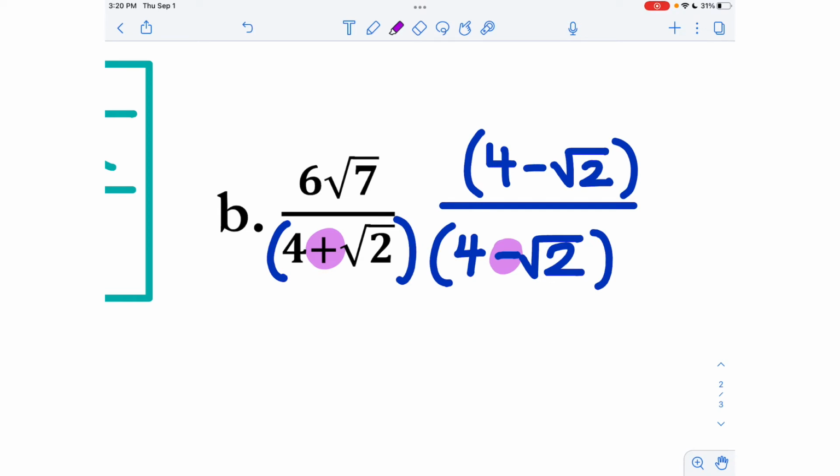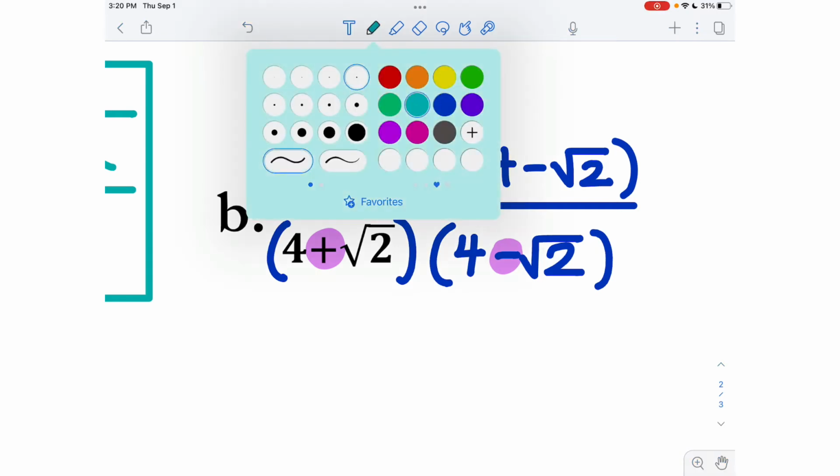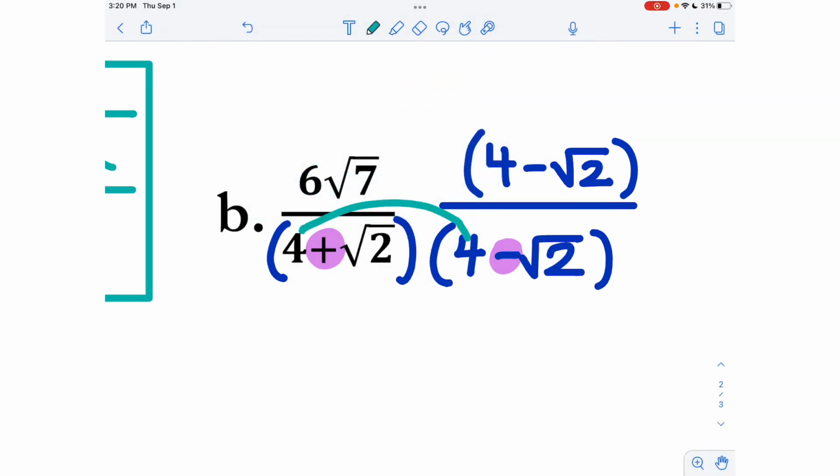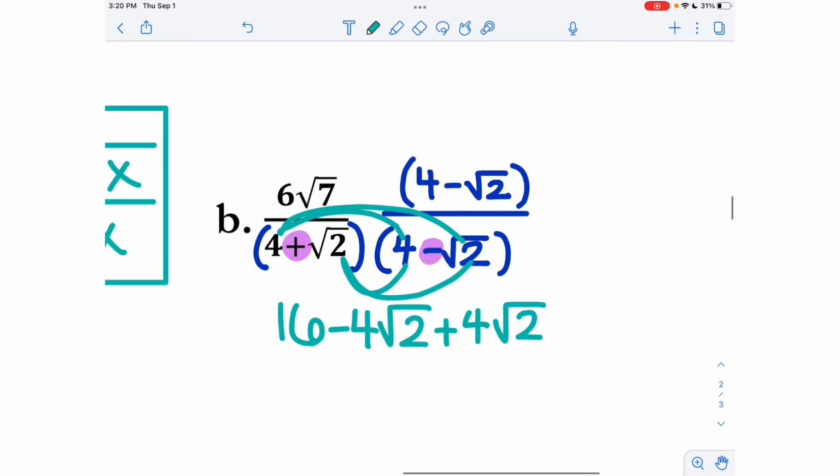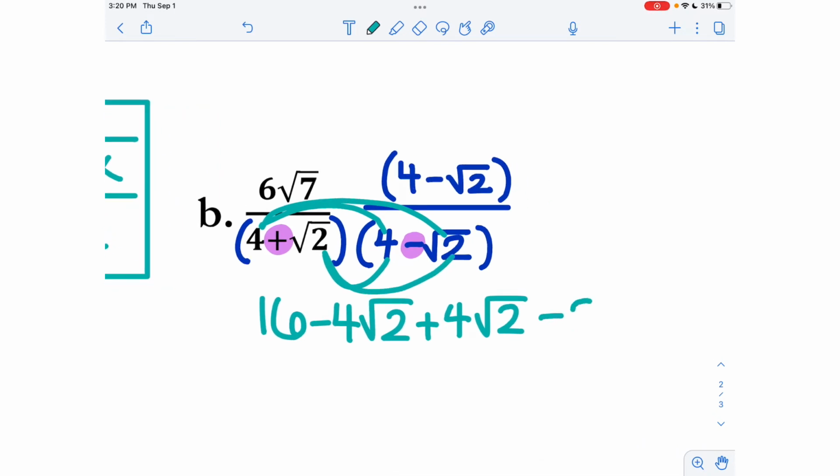This is actually the difference of two squares formula, where the middle terms are guaranteed to cancel out. That's why we can do it. So 4 times 4 is 16 minus 4 root 2 plus 4 root 2. Those should always cancel if you do this correctly. And then root 2 times root 2 is 2, so minus 2.